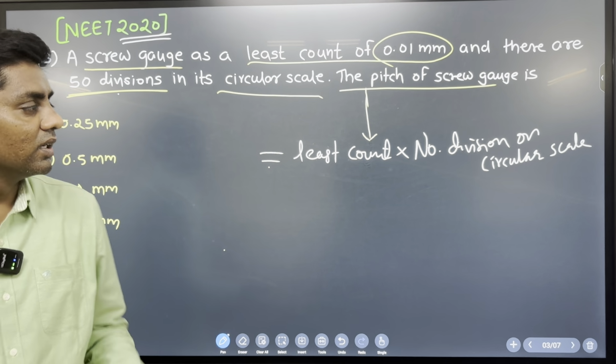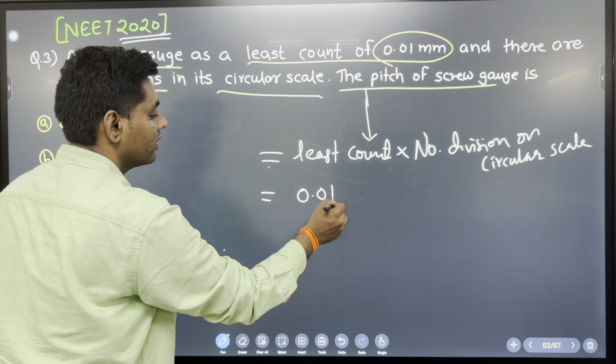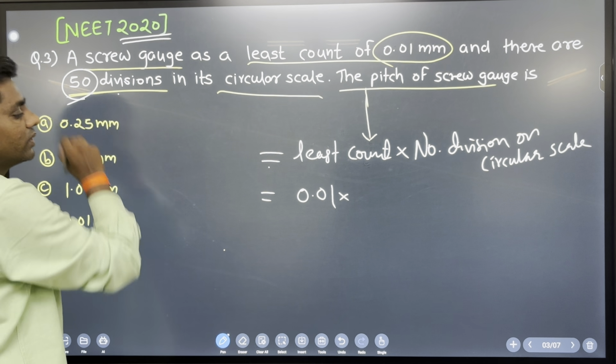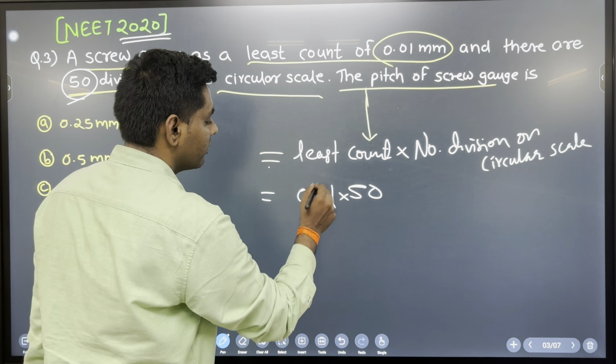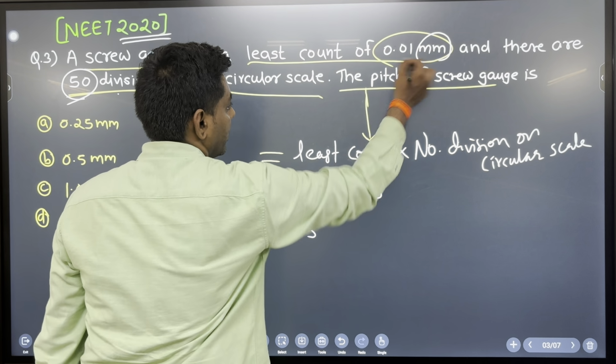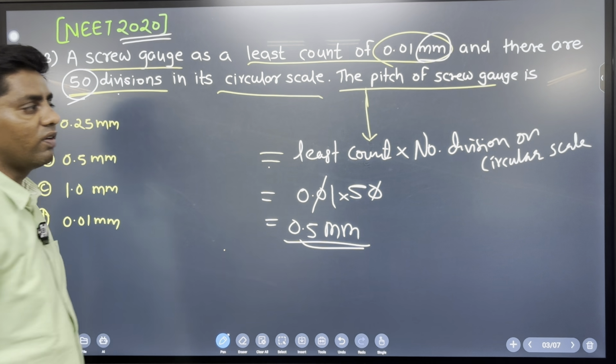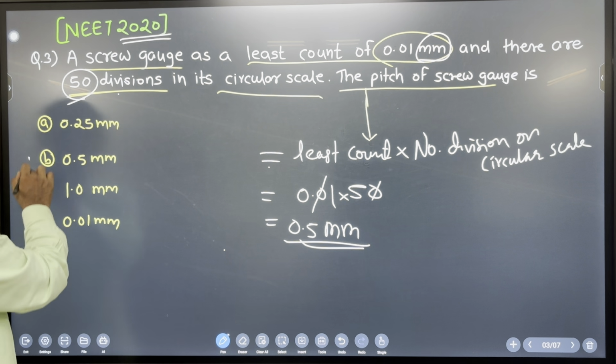So very simple formula इसका. So after that, multiply 0.01 and then how many divisions? 50. So what we get here, the 1 and 0 get cancelled, it becomes 0.5 and what is the SI unit? That is mm. So this is the answer for the pitch of the screw gauge. So now here option B is correct.